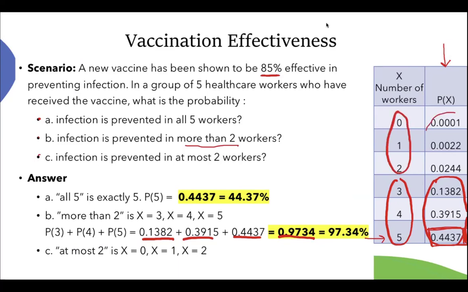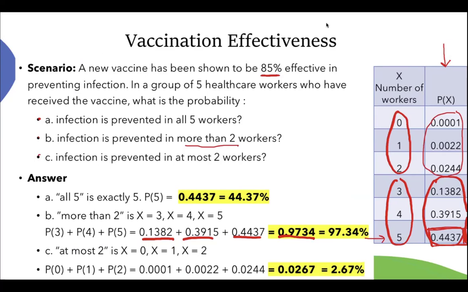So we're adding up the 3 probabilities that associate with those values of X, and we get 0.0267 or 2.67%. Okay. So those are 2 helpful examples on using the binomial distribution to answer questions on the binomial probability.